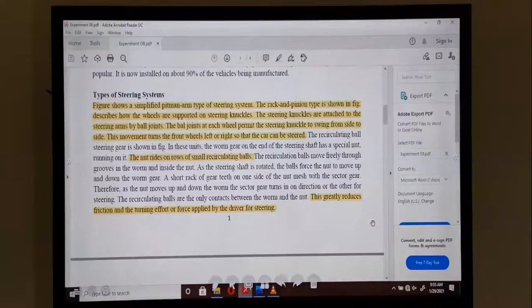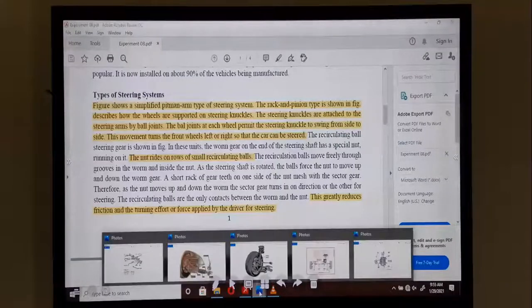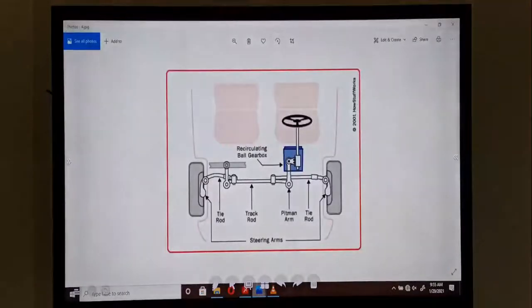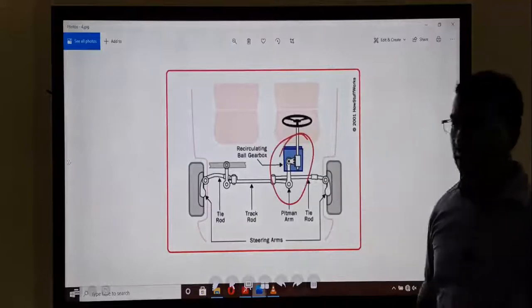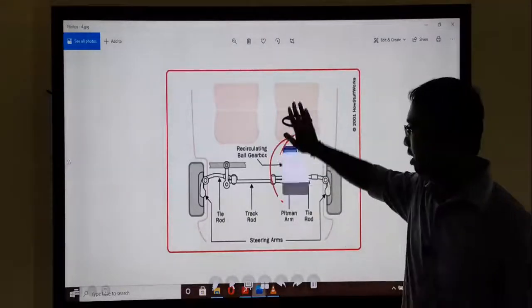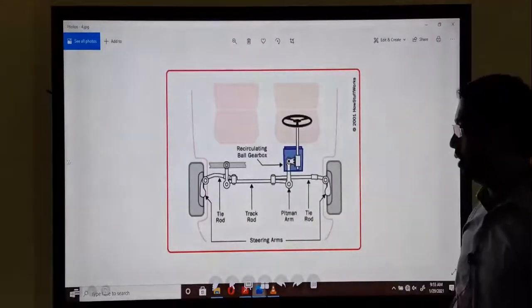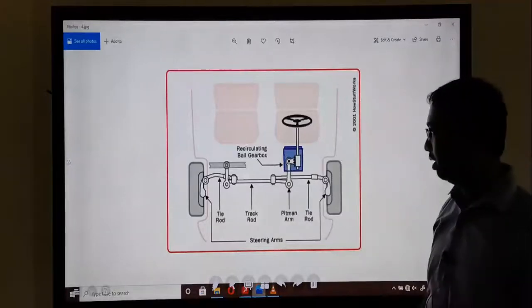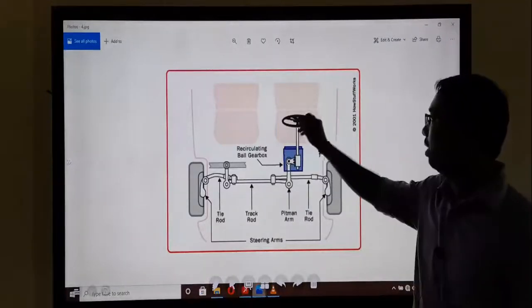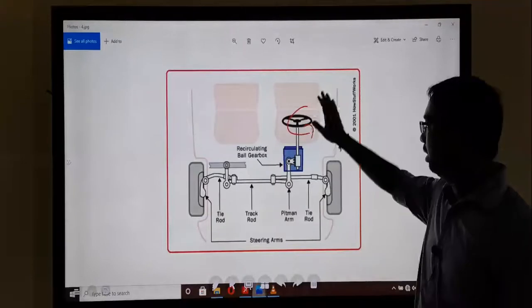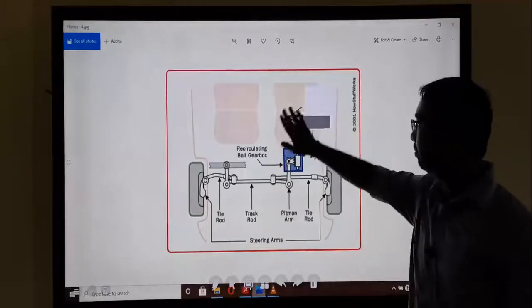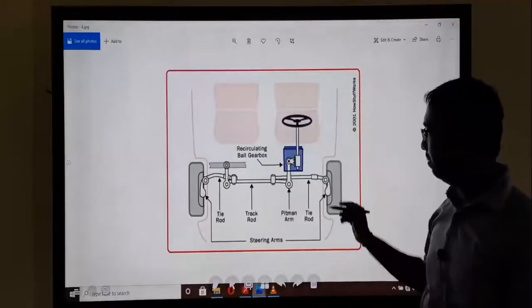Okay, next we study about recirculating balls. That gearbox I already told you about before. We study only this area, the recirculating ball gearbox. Here you know, when we rotate the steering, what will happen?